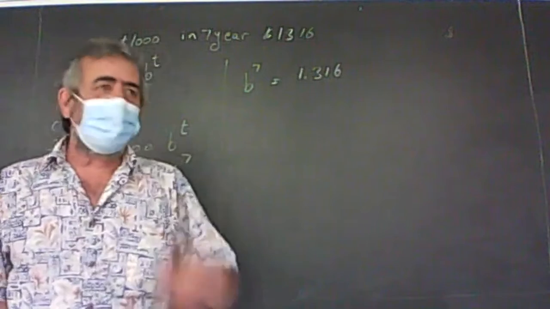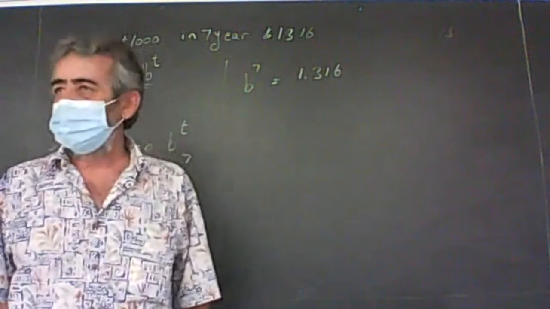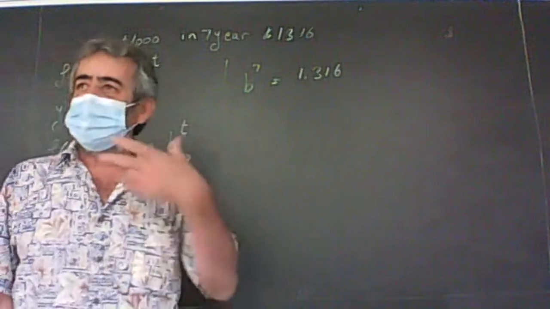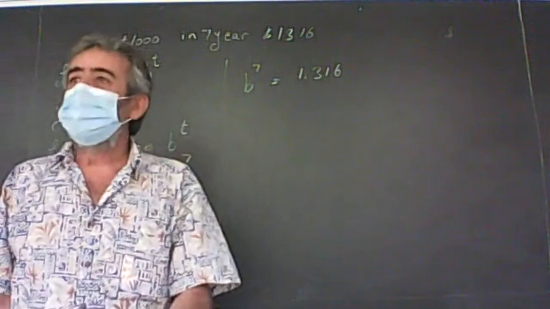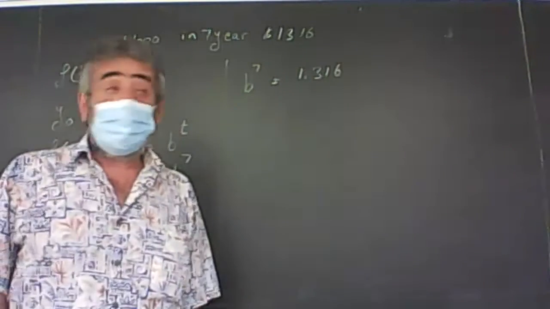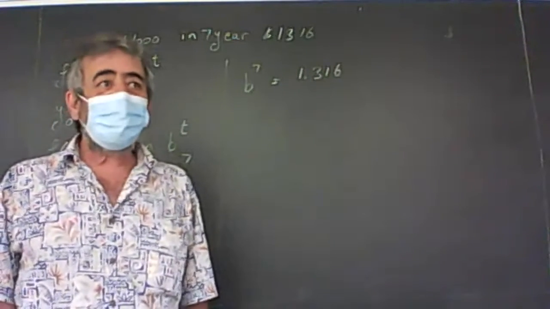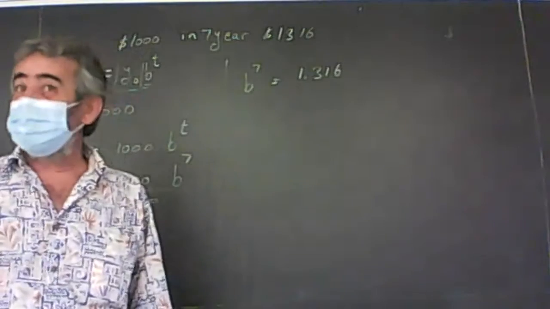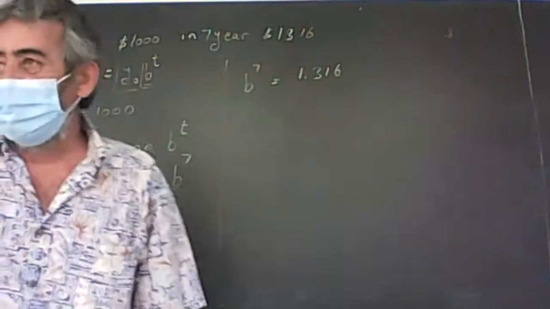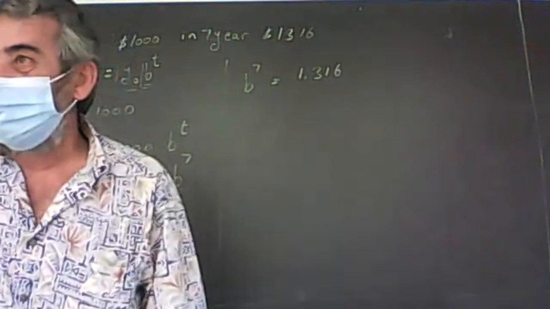It would have been easy if it was b squared, right? Then we take the square root. If it was b cubed, b to the power 3, I take a cube root. If it was b to the power 4, I get the fourth root. So this is b to the power 7. So what do I do?